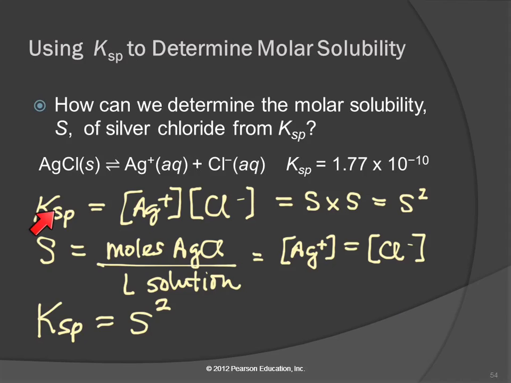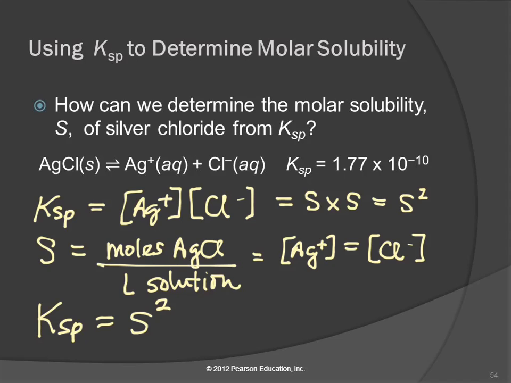KSP equals those two concentrations multiplied by each other. So what I'm trying to show you is that the molar solubility is equal to the concentration of this, which is equal to the concentration of that. So instead of writing the concentration of silver, I can write S. Chloride is also equal to S. So KSP equals S squared.